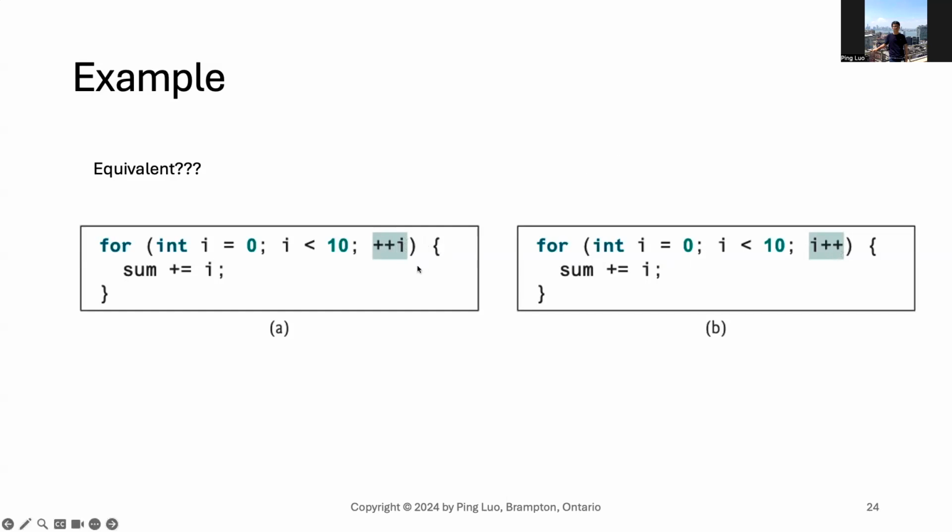In one we add something to i first and then use the variable, and in the other we use the variable and then add something to it. But actually there's no difference here, because either way the increment should be performed and then the comparison i less than 10 is done. So these two coding pieces are equivalent.